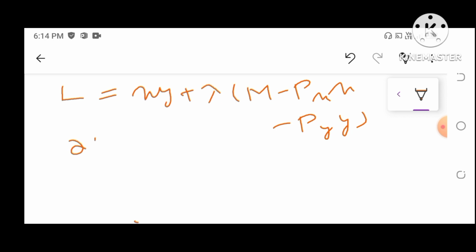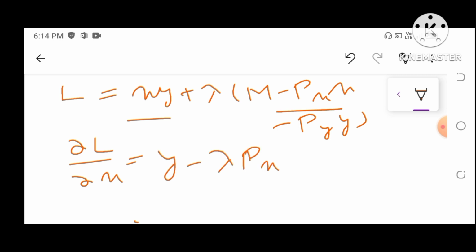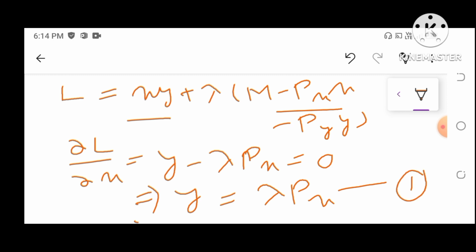So del L with respect to x is equal to, from this we get y, and from this we get minus lambda px, equal to 0. That implies y is equal to lambda px. This is our equation 1.